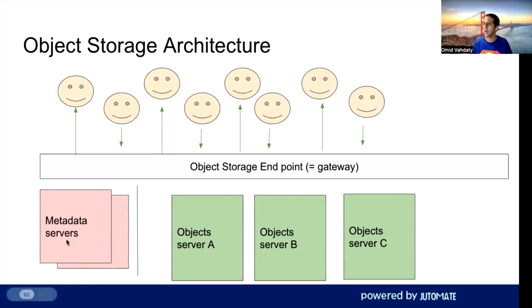For example, the file is here, but the file name, created date, last update, and file size are stored here. So essentially, if you're doing an ls operation, a list, you will be accessing the metadata. But if you are doing put and get, you're accessing the files back and forth.